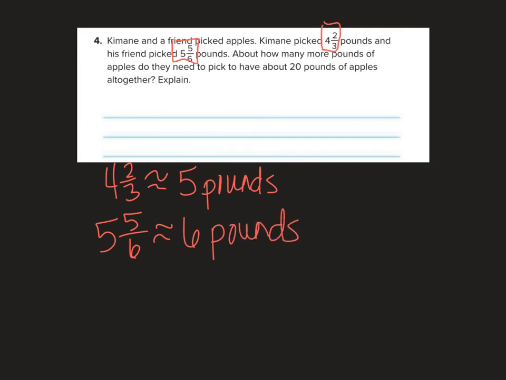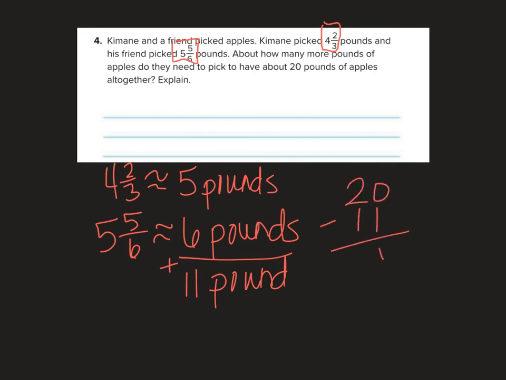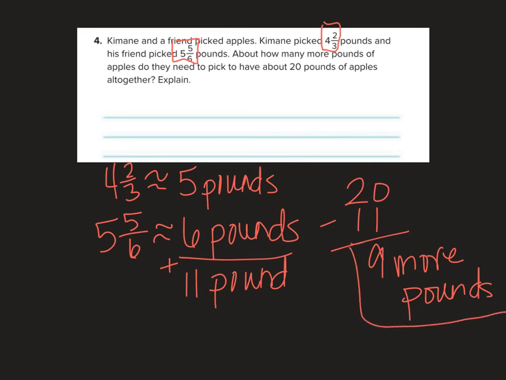Then I need to add these together to say in total they picked 11 pounds. So how many more pounds to get to 20? Well, I need to take 20 minus 11, and I'd say about 9 more pounds. Okay, they need about 9 more pounds to get to 20 pounds altogether.